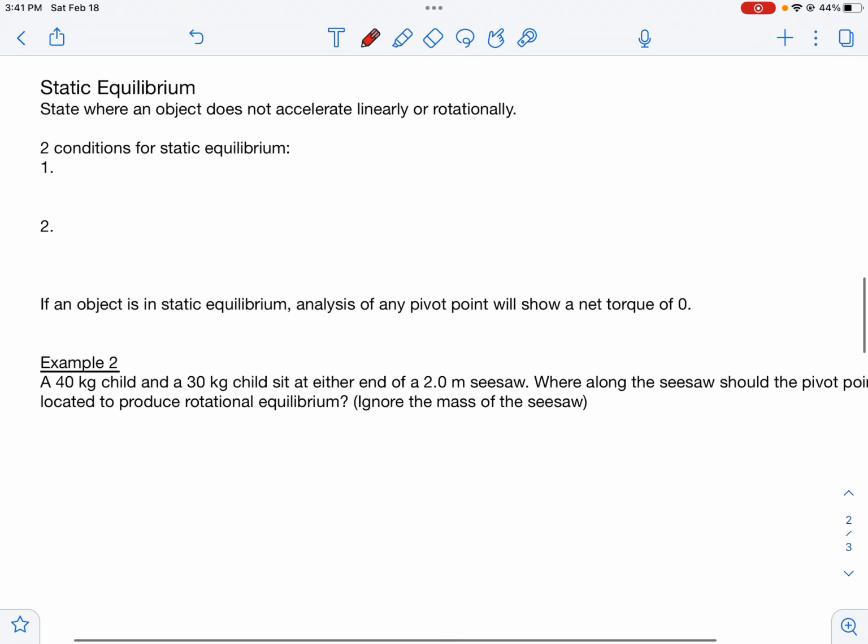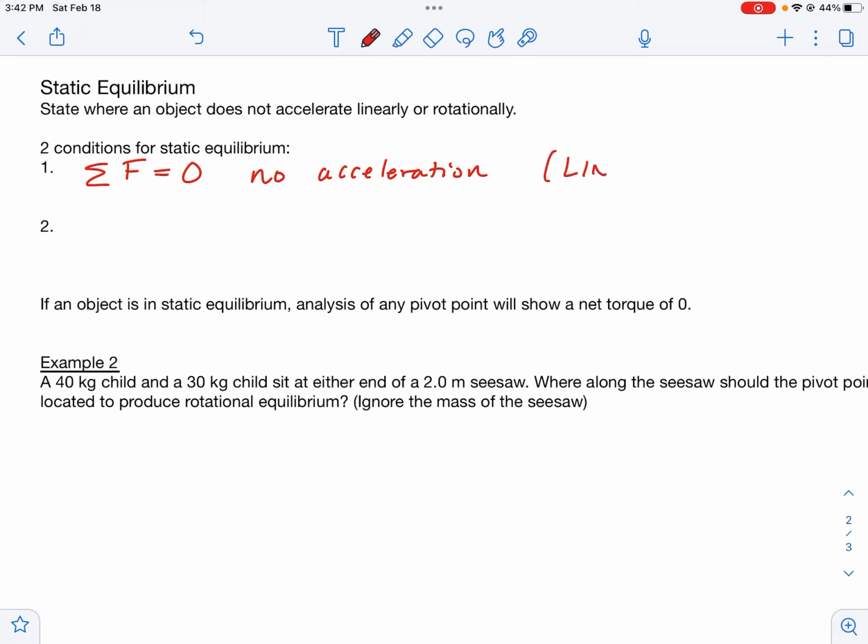Okay, next, let's apply this to something we already know a little bit about, and that's static equilibrium. So one thing we learned from Newton's laws is that when the sum of the forces on an object is 0, there's no acceleration. This is for a linear situation. Now we want to start to investigate rotating situations, and it turns out we have an analogous rule.